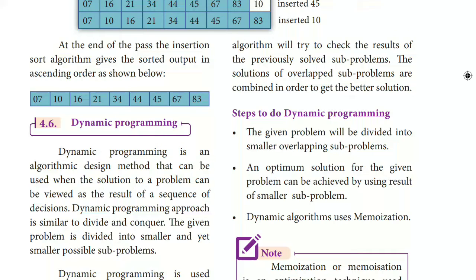First the bigger problem will be divided into smaller stacks of subproblems, and an optimum solution for the given problem can be achieved by using the results of the subproblems.